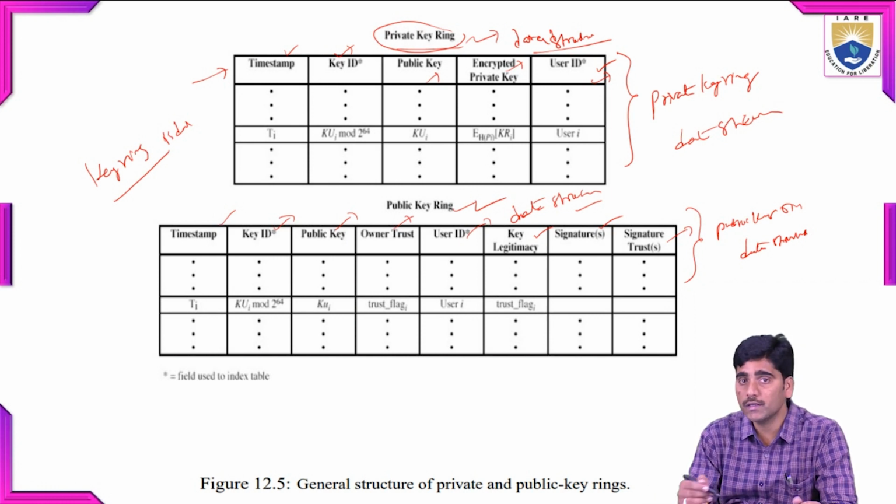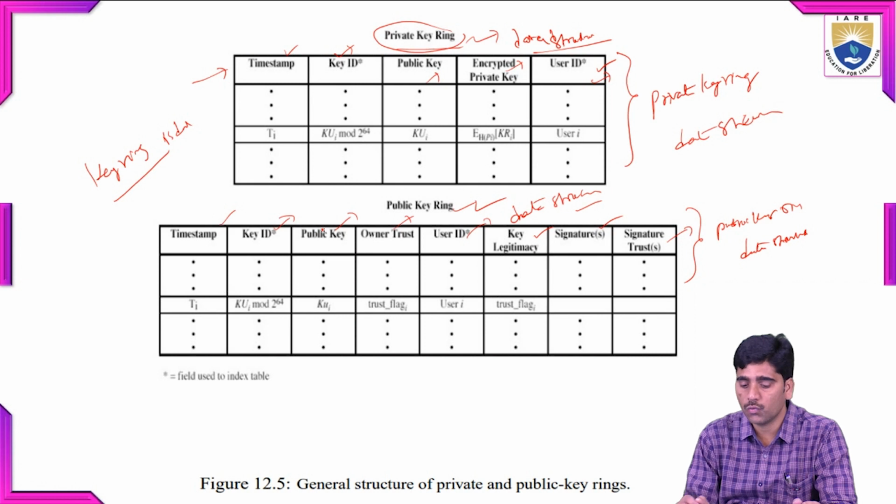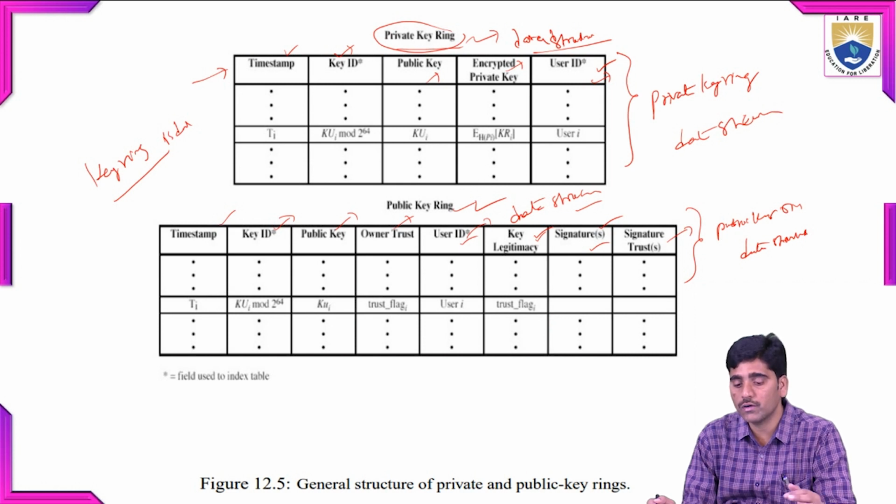Along with that, the public keyring contains the timestamp, key ID, public key, owner trust, user ID, key legitimacy, signature, and signature trust. These are the fields pointed to the node in the keyring data structure.